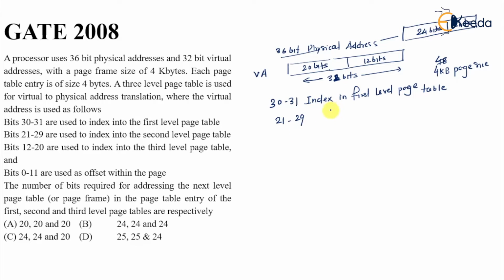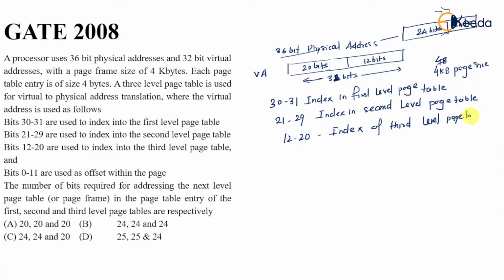So bits 21 to 29 are used for the index in the second level page table, and bits 12 to 20 are the index of the third level page table. And 0 to 12 is the offset within the page.